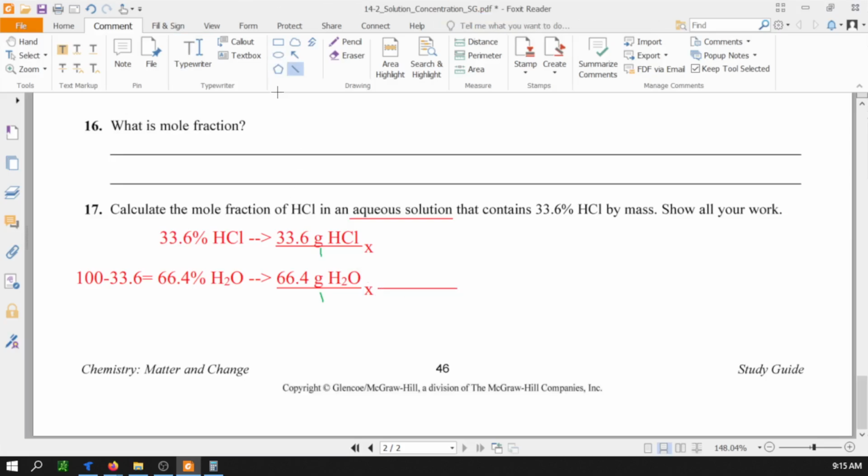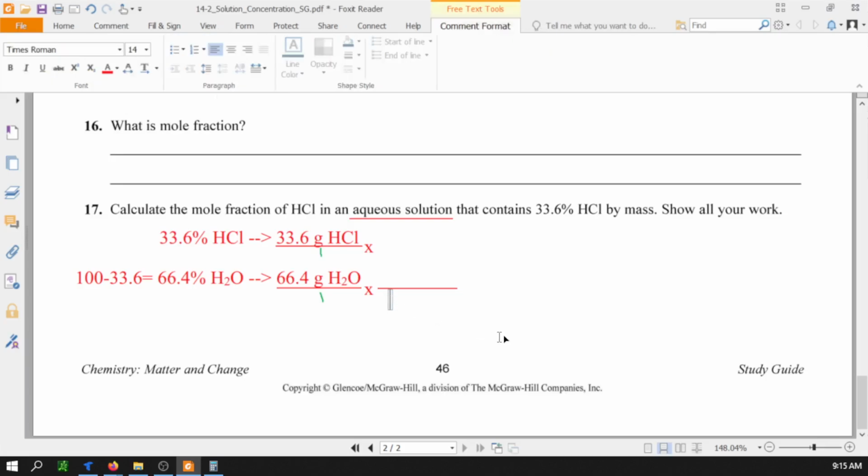You might recall the molar mass of water because we've used it so many times at this point. It's 18.02 grams for every 1 mole. So this will give us the moles of water. On my calculator, 66.4 divided by 18.02, I get 3.685 moles of water.